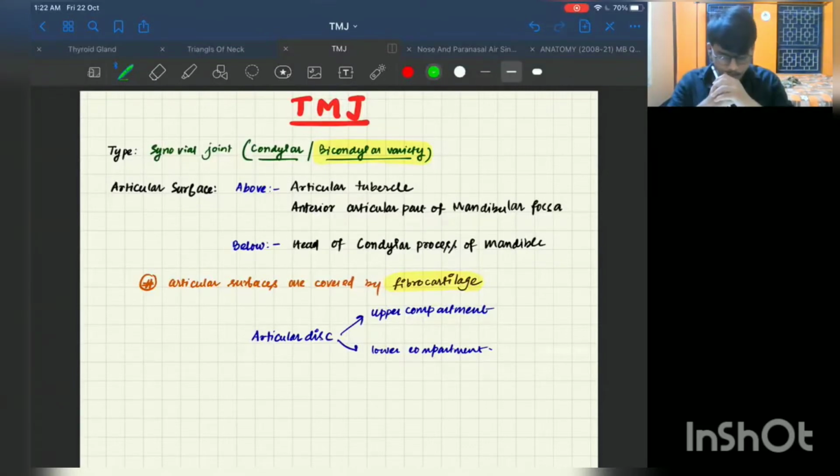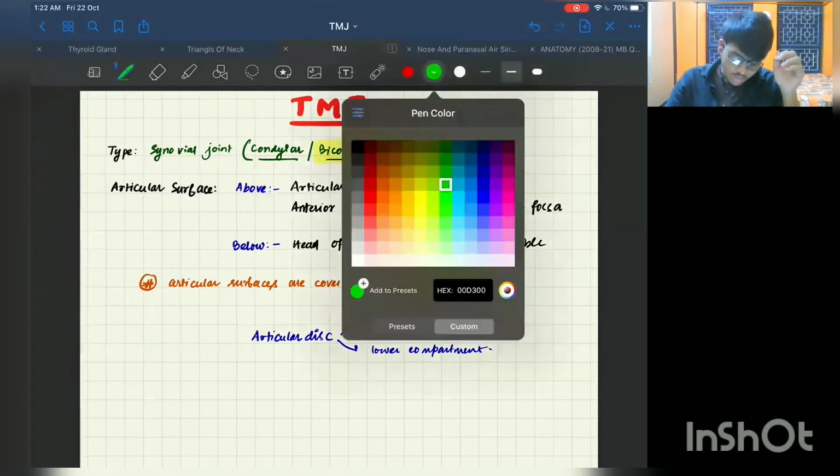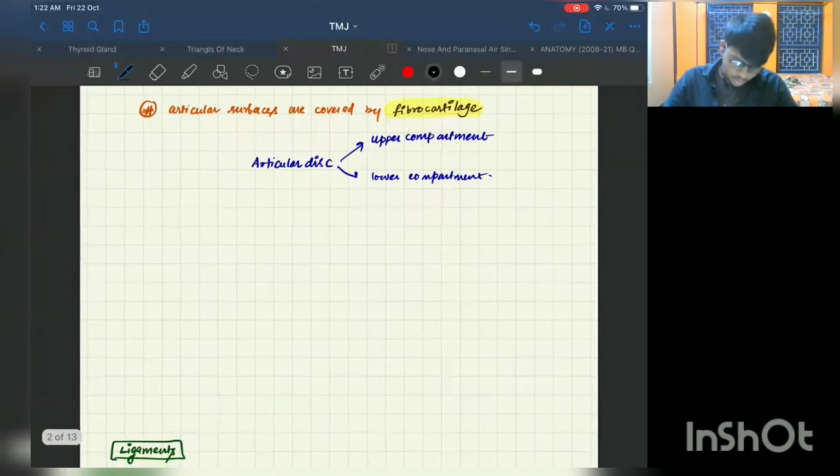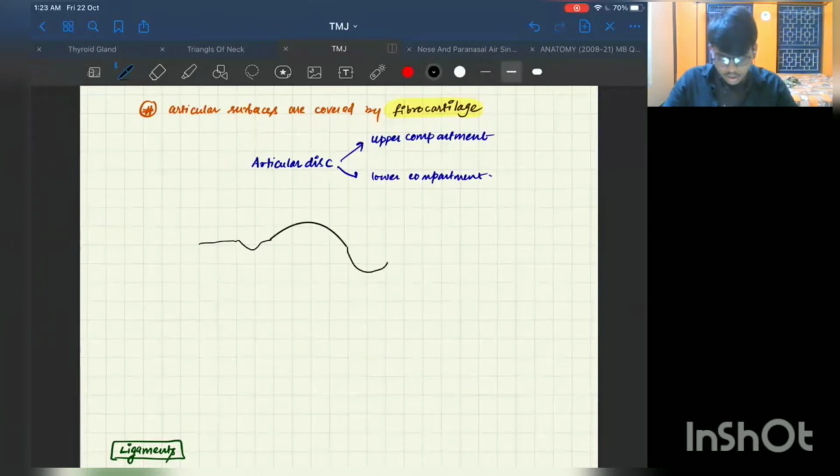Okay. Now let's see what are the articular surfaces of the temporomandibular joint. Let's draw a very easy diagram. See, this is the articular tubercle of the temporal bone. Here comes the mandibular fossa, and then here is my external auditory canal, and here is my mastoid process.